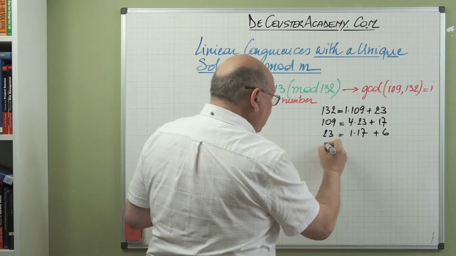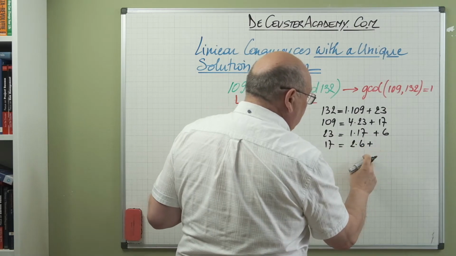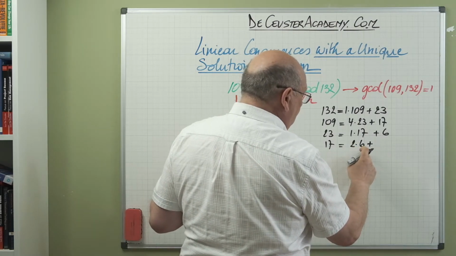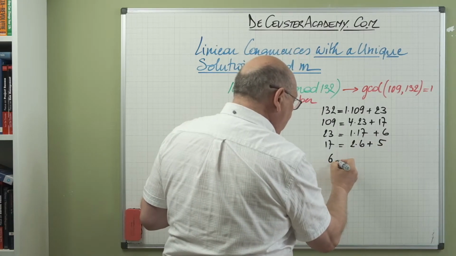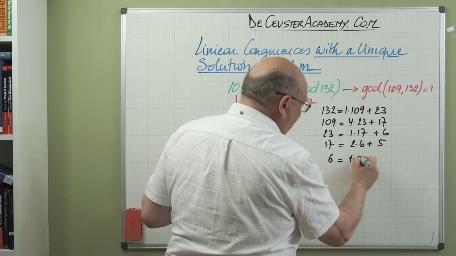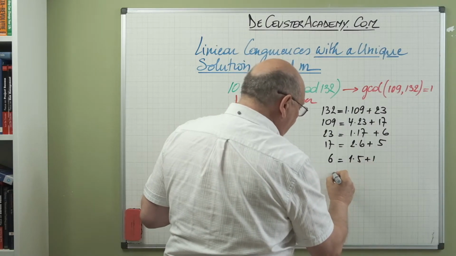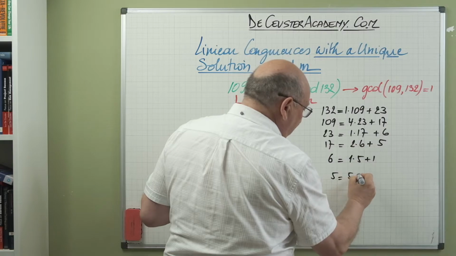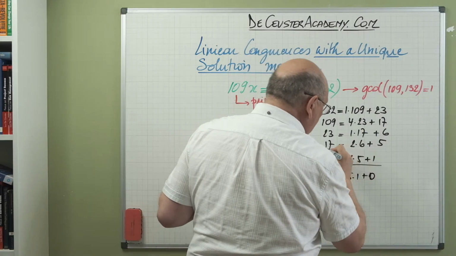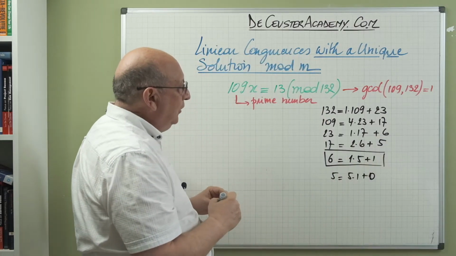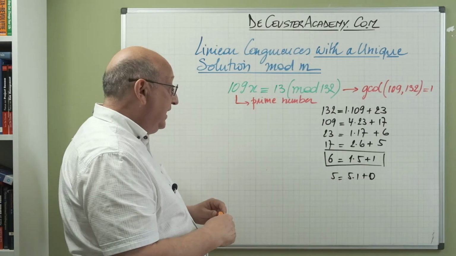We have 17 is 2 times 6, that's 12, plus 5. And now we have 6 is 1 times 5 plus 1. And we find 5 is 5 times 1 plus 0. So this is the GCD. And we start with the backward pass from here.